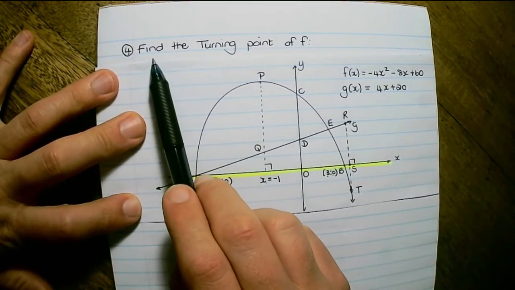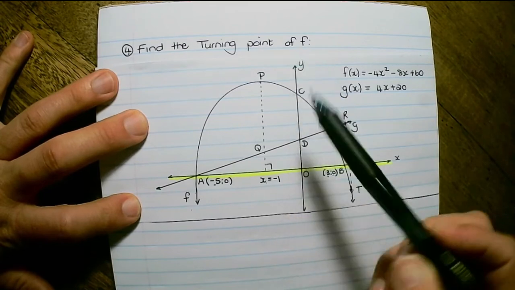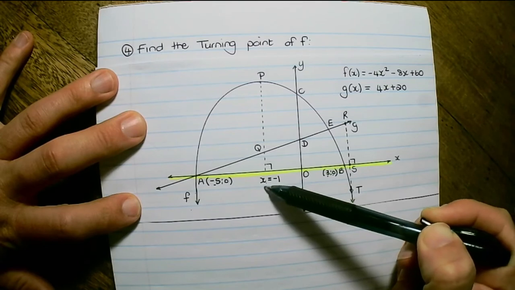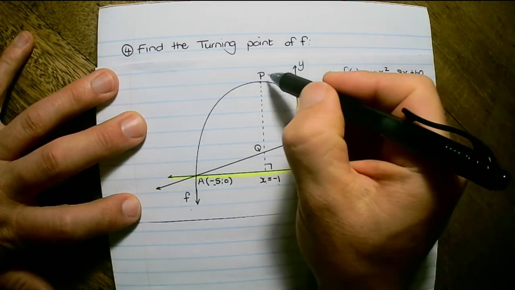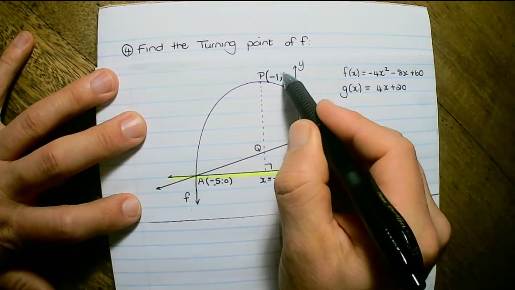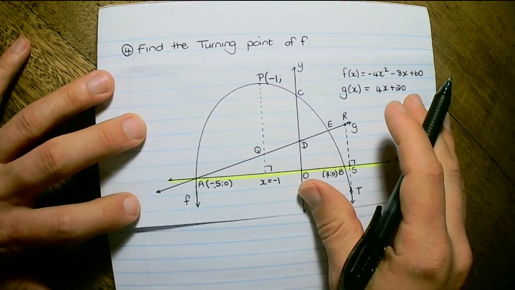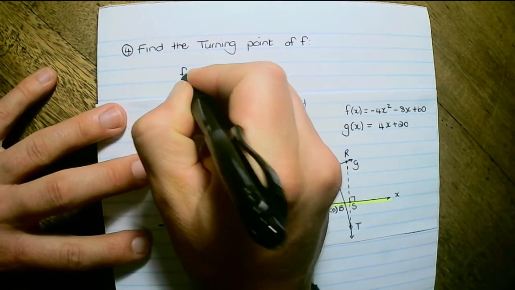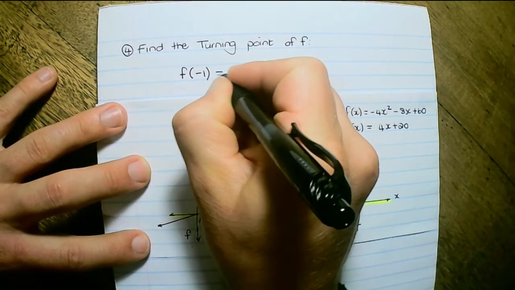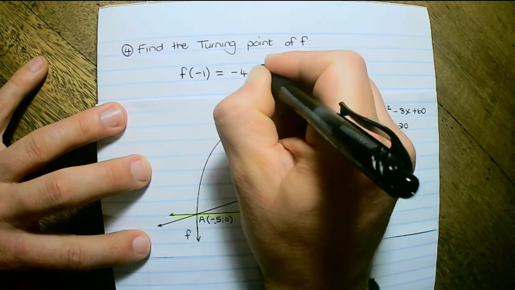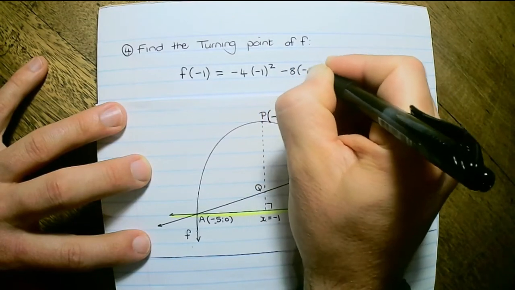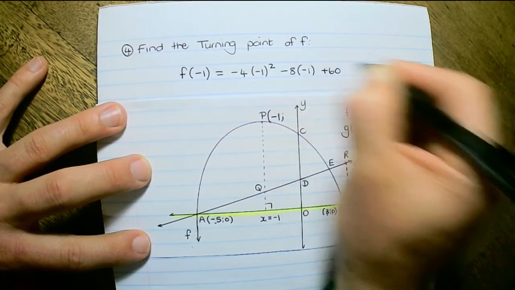Okay, now we are going to find the turning point of f. In our previous question, we found the axis of symmetry as x equals -1. So we already know the x value, so x is equal to -1. The only thing we need to find is the y value. So in our equation for f, we'll replace x with -1. So it will be -4 times (-1) squared minus 8 times -1 plus 60.